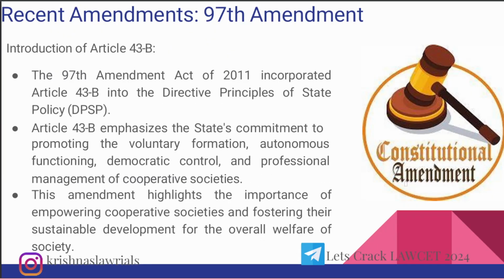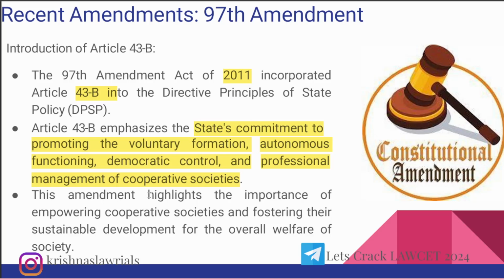Introduction to 43B is that the 97th Amendment Act 2011 incorporated 43B in DPSP, that is, states' commitment to promote voluntary formation, autonomous functioning, and democratic control over cooperative society. So, this 43B is focusing on development and formation of cooperative societies.